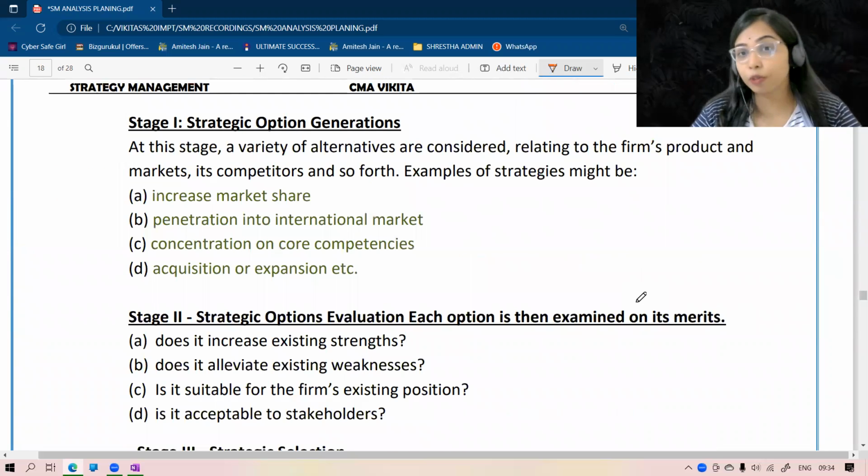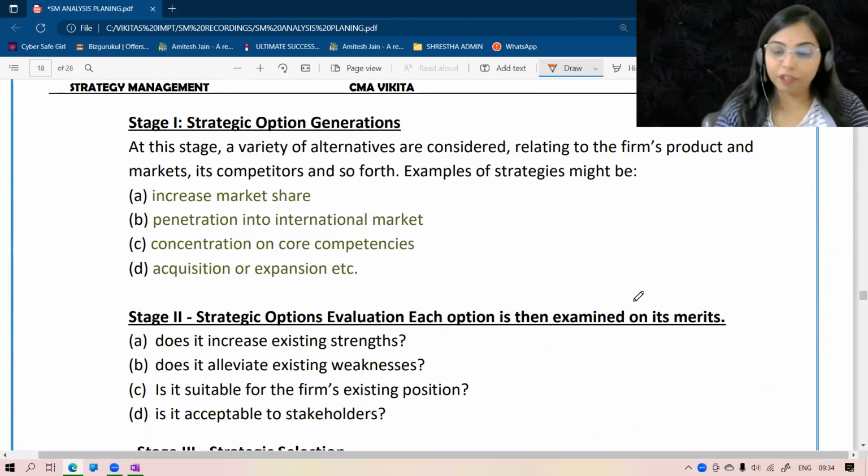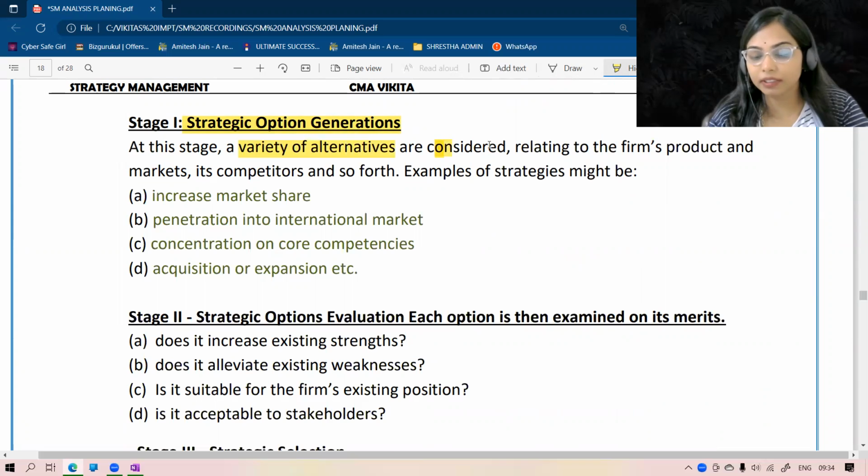I hope you have understood. Now, here, I'm making you read strategic option generation. At this stage, a variety of alternatives are considered, relating to the firm's product and market, its competitors, and so forth.